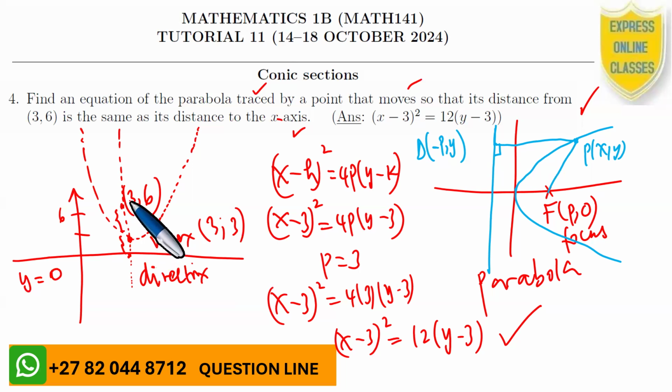From 0 to 6, at this point is 3, 3, to 3, 6, then is 3, 0. 3, 3 is the vertex.